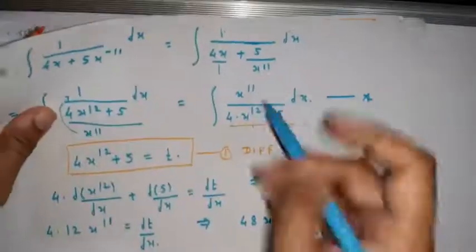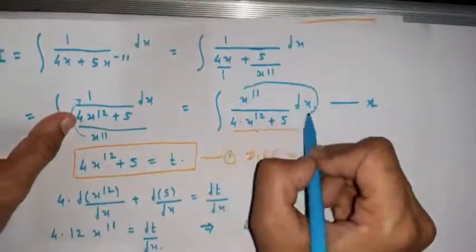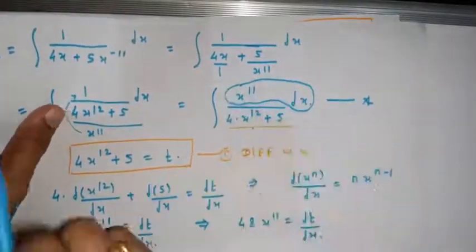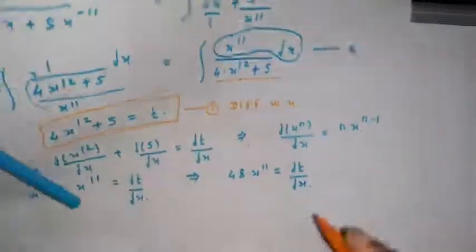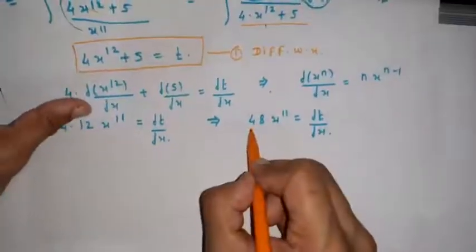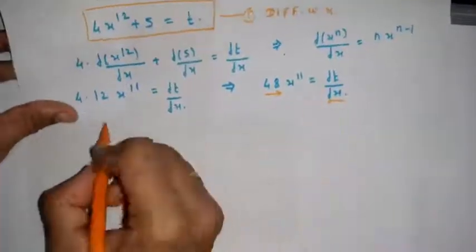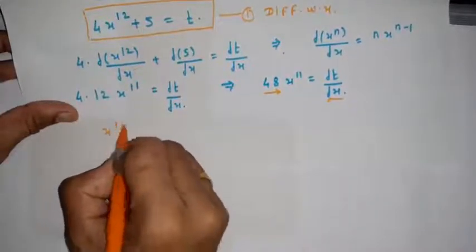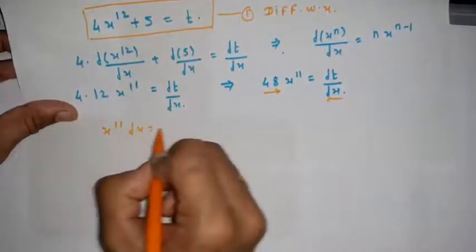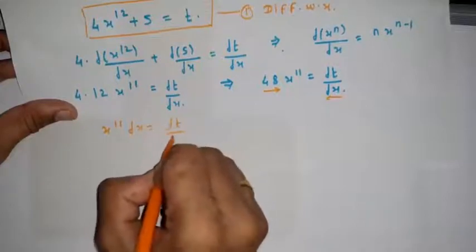Now let us find out this value from here. To shift 48 to that side and dx to the x raised to 11 side, we will get x raised to 11 into dx equal to dt upon 48.